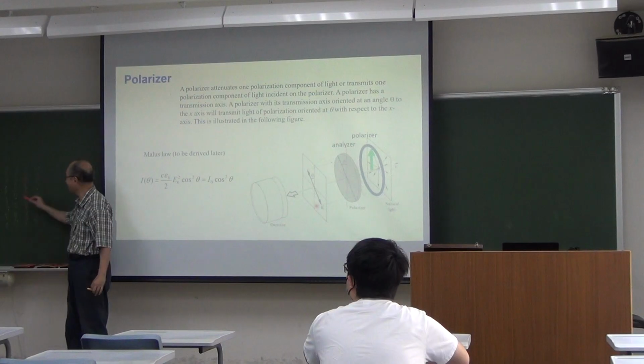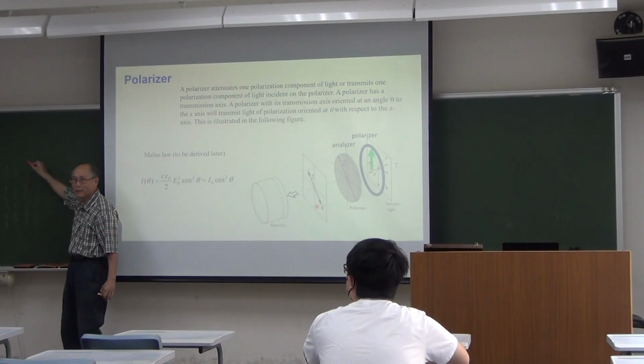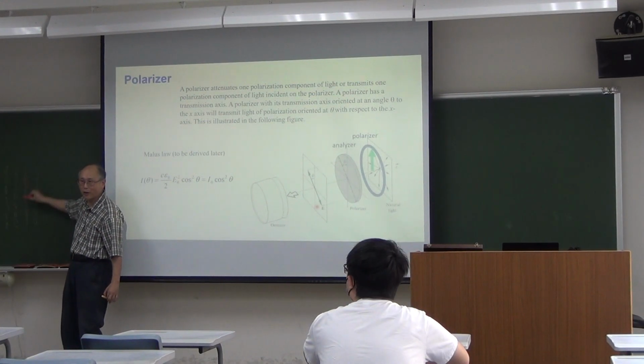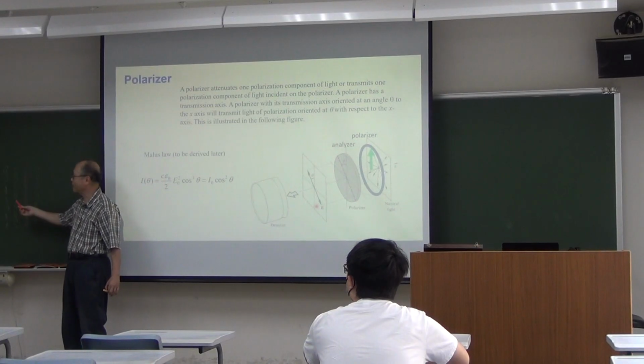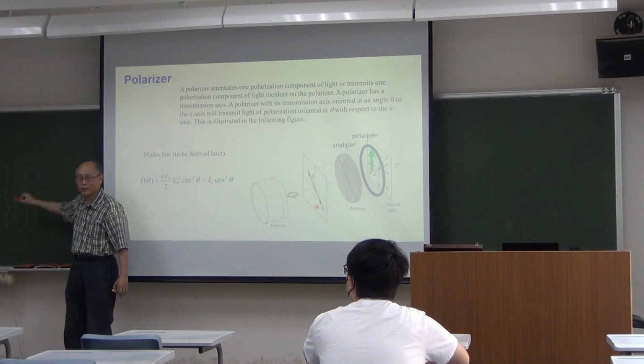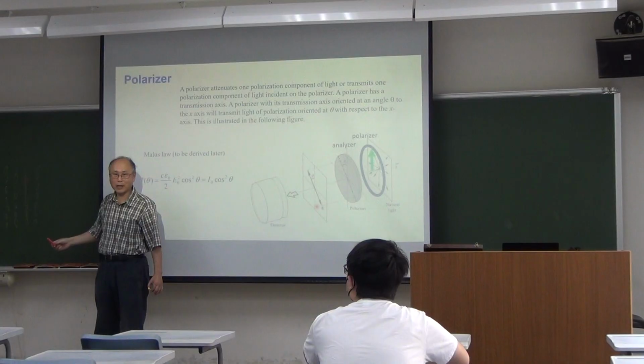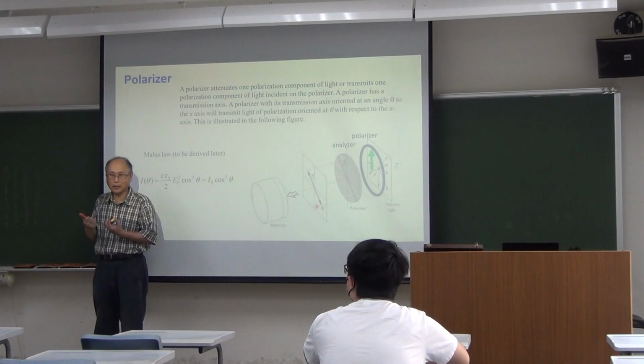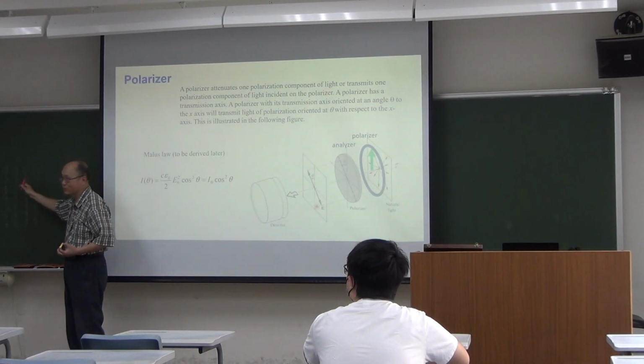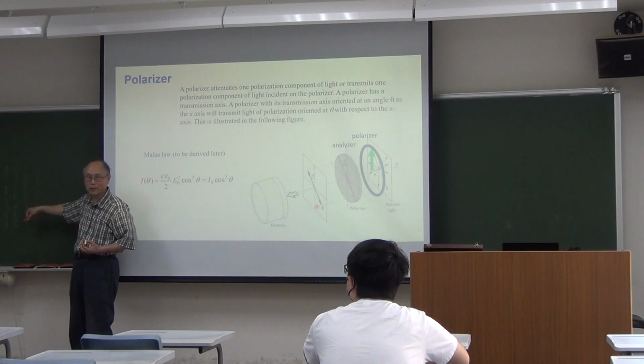What happens is that the electric field pulls this chain of molecules. When the electric field pulls the chain of the molecule, the molecule will absorb the light. So the light cannot go through with this polarization.